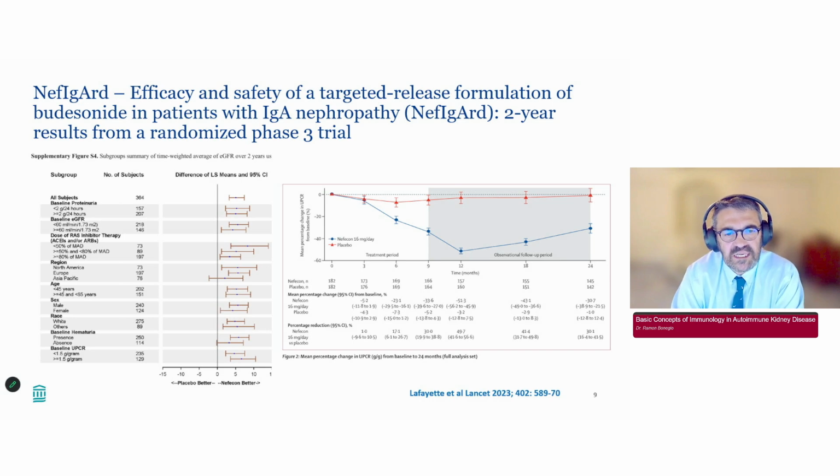The big problem with this study, and I'll say we don't very often use Nefigard because it's expensive, and unfortunately they did not have a steroid group as a comparator.